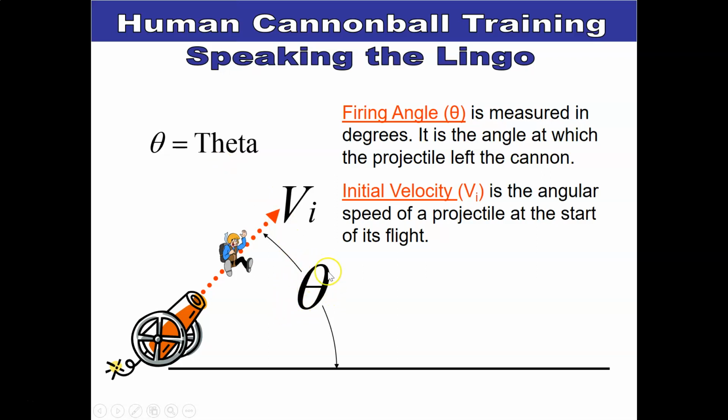Theta is the variable most commonly used when the unknown is an angle. So our firing angle, we're going to use theta to represent that, and that is just, from the ground, what is this angle that the cannon is pointed at. The initial velocity, we're going to call that v of I. That's the way you say that, but it's just a subscript of I, which just means the initial velocity.